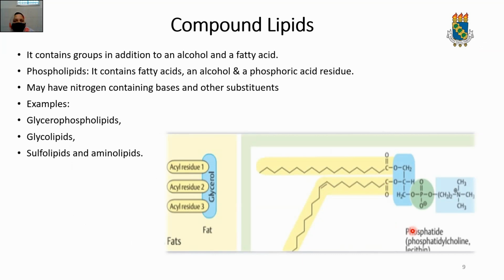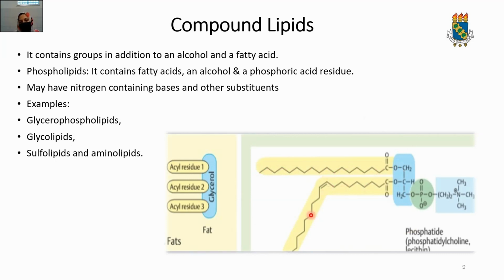Now coming to the second category of the structure-based classification of lipids, we have compound lipids. They contain groups in addition to an alcohol and a fatty acid. For example, phospholipids contain a fatty acid, an alcohol, and a phosphoric acid residue. Here you can see this is a glycerol, to which on the first carbon one fatty acid chain is attached.